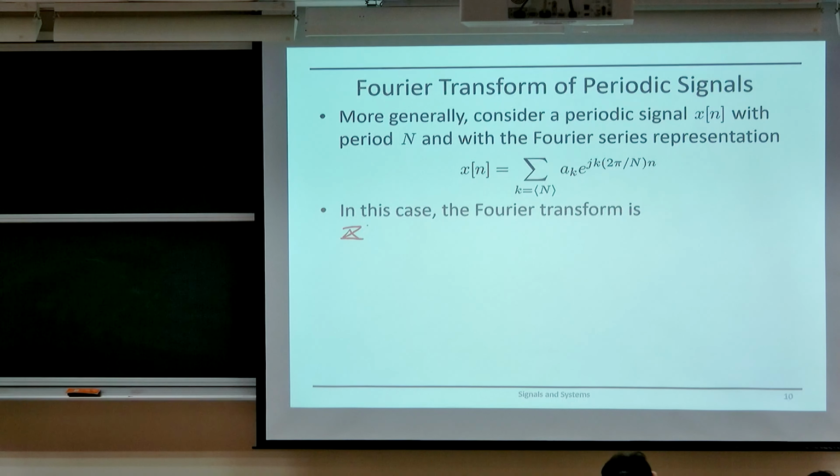So X of e to the j omega is equal to the summation of a_k, summed over capital N consecutive integers, times the summation over L from minus infinity to infinity of 2 pi delta of omega minus 2 pi k over N minus 2 pi L.